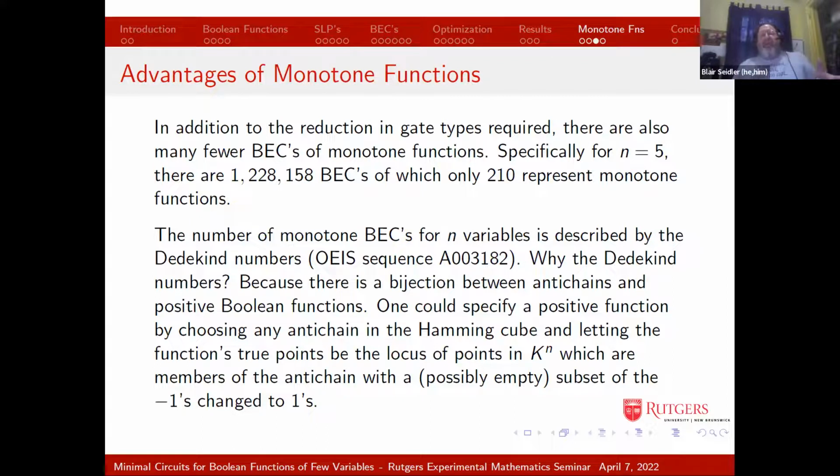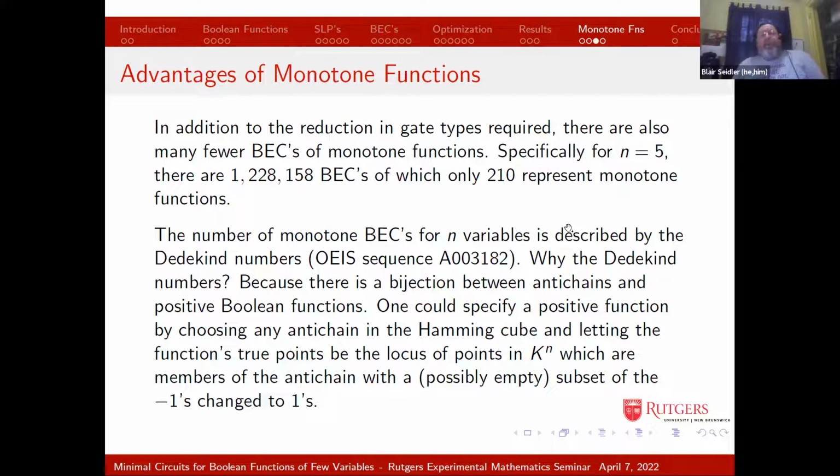And if you look at this sequence, I think it's 372, it is the labeled anti-chains, and that corresponds to the overall number of monotone functions. This sequence is unlabeled anti-chains, which corresponds to equivalence classes of monotone functions, and it's basically the same thing.